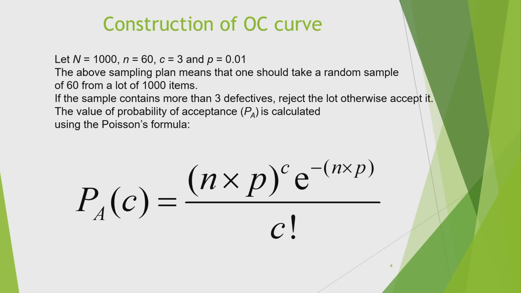So how to construct that operating characteristic curve, that means probability versus percentage defective. That curve is essential so that you understand what is happening.